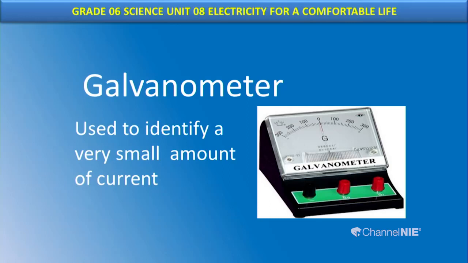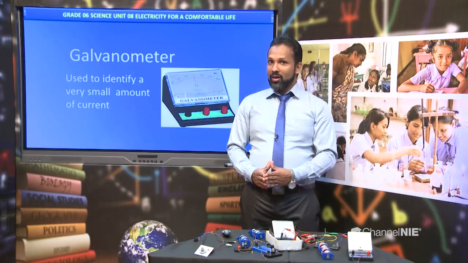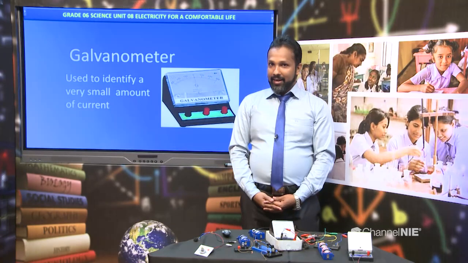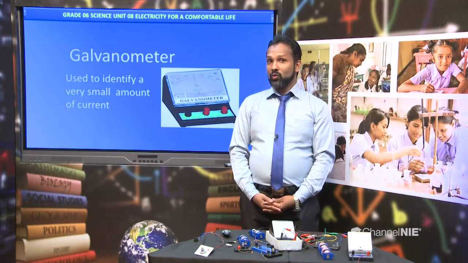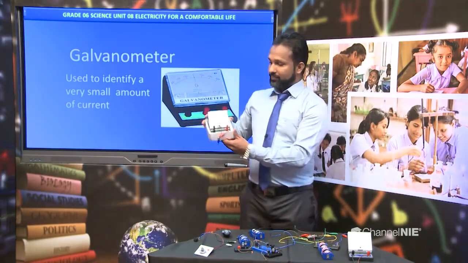In the previous program also, I showed you a galvanometer. But today also, I am going to show you a galvanometer, and I am going to explain the use of the galvanometer. This is the galvanometer.